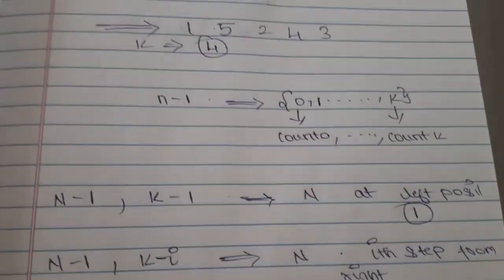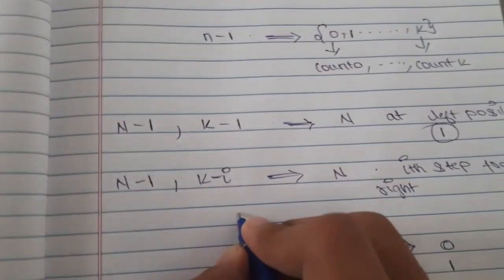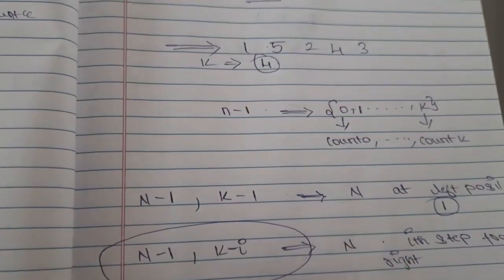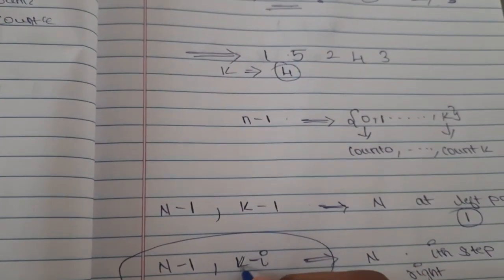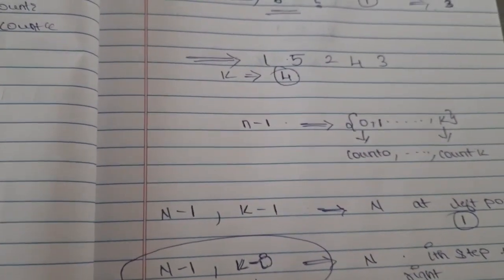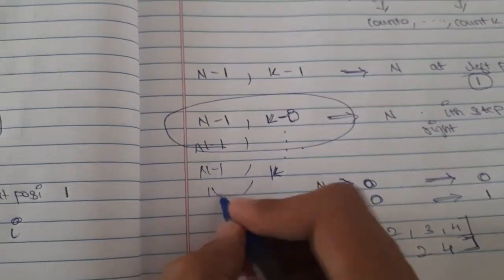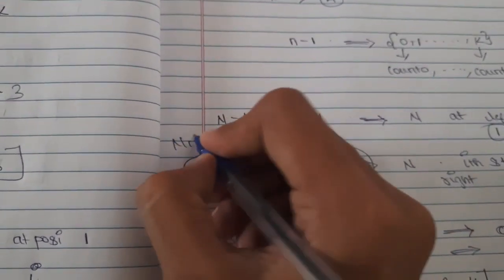To get the exact k pairs, we will be summing up the entire range from n minus 1, k minus 0 till k minus k. We will be summing up this entire thing to get the value of n to k.